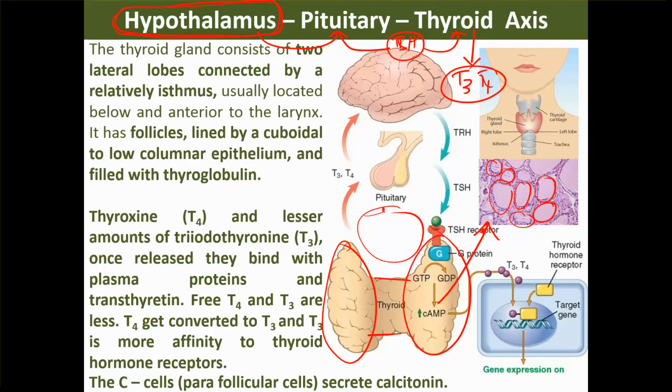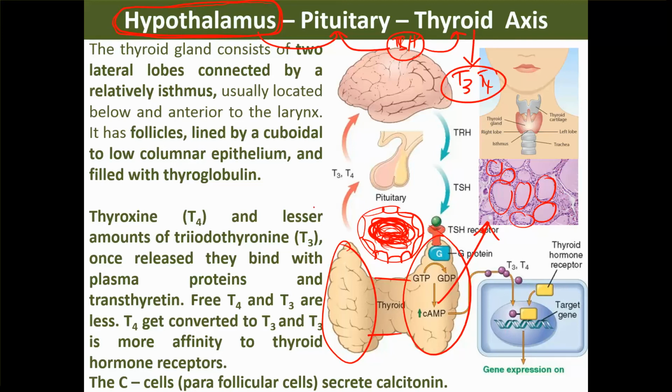It is all lined by small tiny cells which we call thyroid follicular cells. They are cuboidal or low columnar cells, depending upon their activity, and these cells produce this thyroglobulin colloid. The complete thyroid gland is full of these.